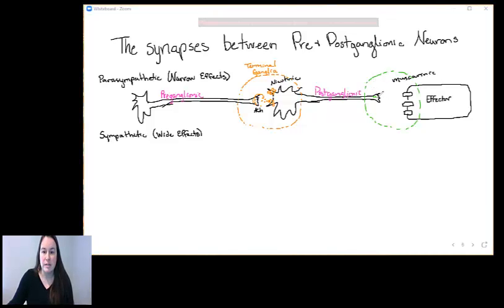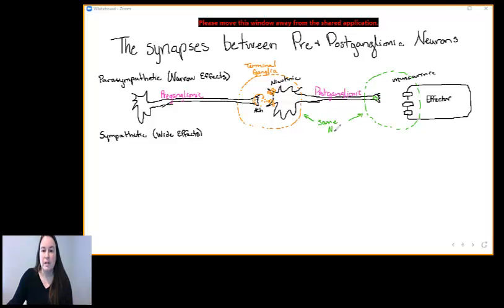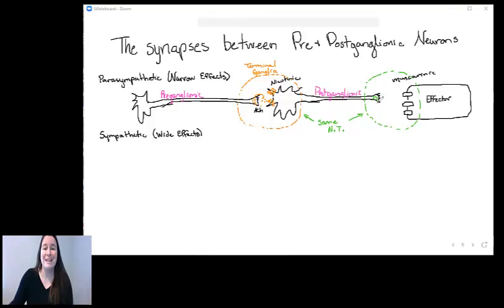Again, the neurotransmitter in here, in this case, is also acetylcholine. So maybe I ought to bring in my acetylcholine, but I'm going to do it in green just to highlight the fact that the receptor here is muscarinic. So this is really using the same neurotransmitter. Same NT, okay?